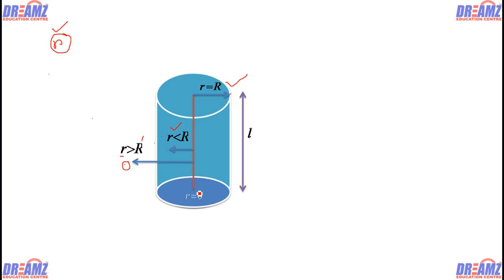We can conclude that on the axis small r is 0, inside small r is less than R, outside small r is greater than R, and on the surface small r is equal to capital R.